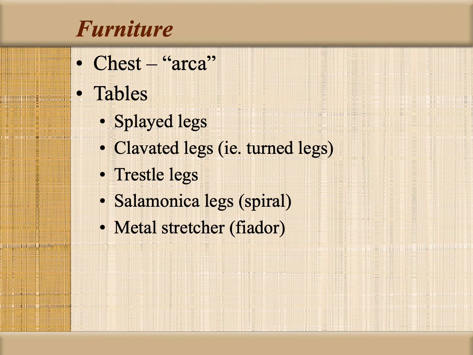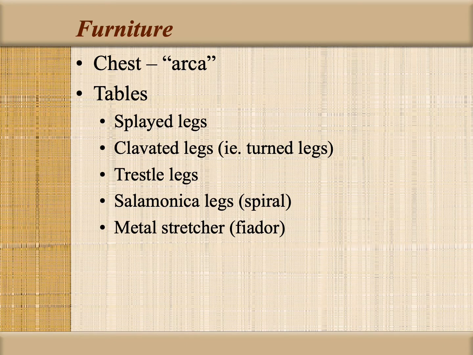So moving on to our next piece of furniture, we see the chest, which is also termed as the arca. And we're also going to look at tables, and they have splayed legs and clavated legs or turned legs, each of which we've seen before, but here they're going to be done in a uniquely Spanish style.